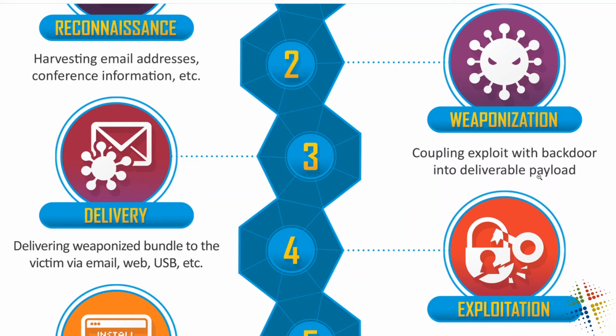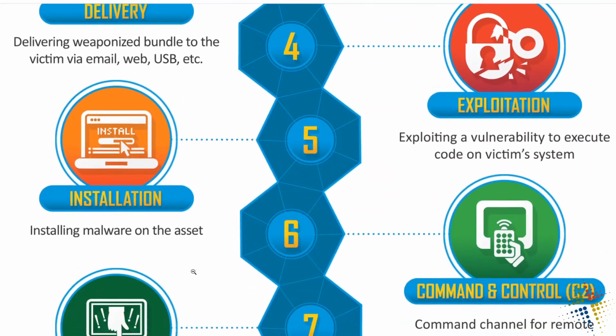Once we weaponized our web server, we delivered a link to an end user via email. Could have been USB, could have been most anything that we could have imagined. We then exploited the web browser. The web browser is not an application or an operating system, but we still exploited the web browser and executed code.